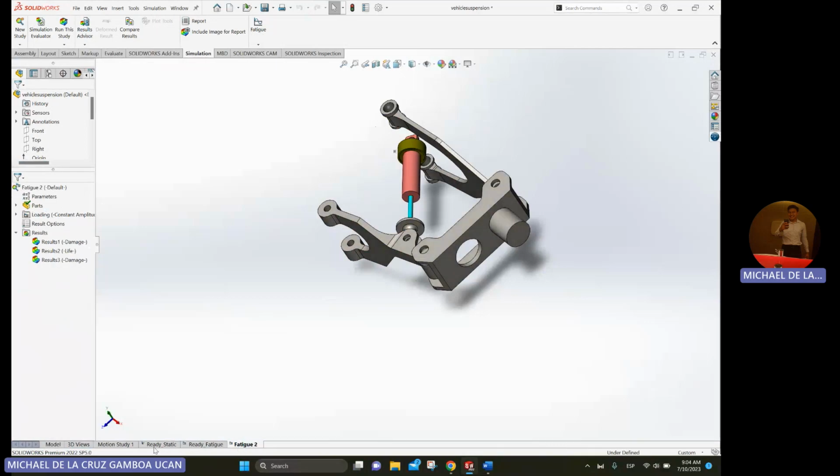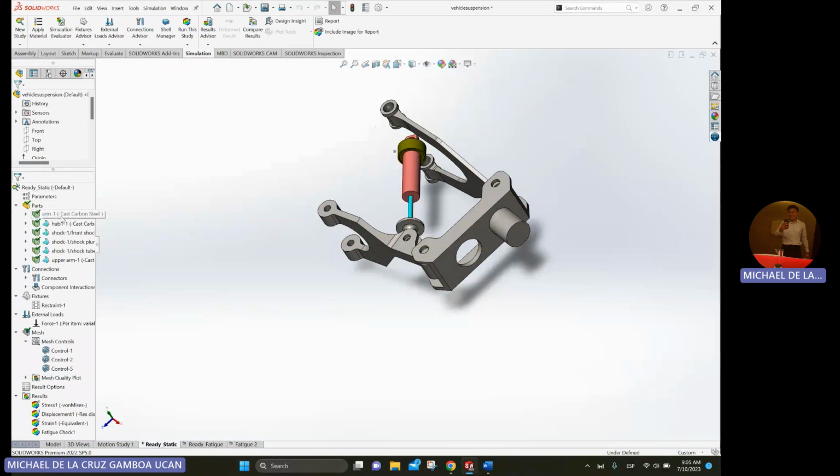Okay, we realize a fatigue and statics and a final study created from scratch where fatigue is analyzed at a particular point. It is interesting to see in this piece that the material is carbon steel, and we can see all the pieces are made of carbon steel.